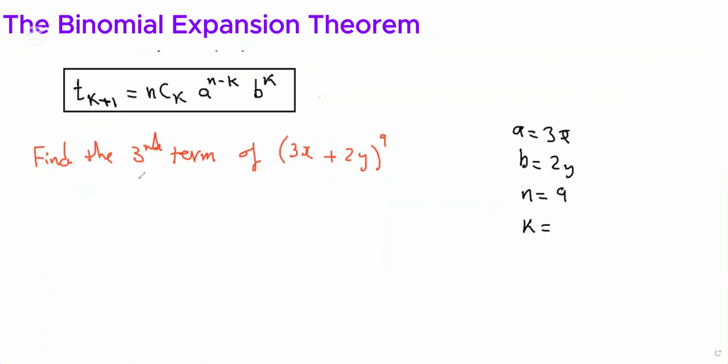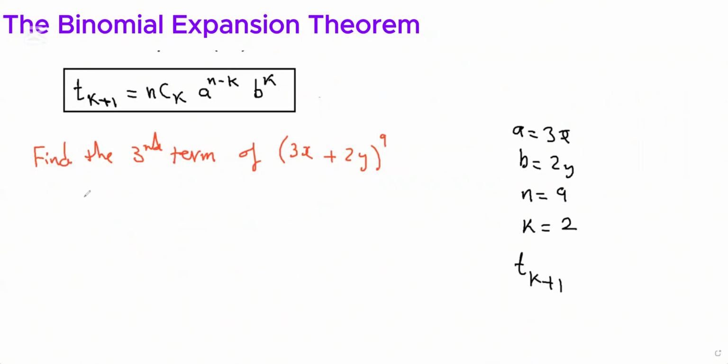So if they want you to find the third term, as you see, it reads t k plus 1. For this to read third term, then you have to make k 2, because if you make k 2, then this is t 2 plus 1, that makes it t3.